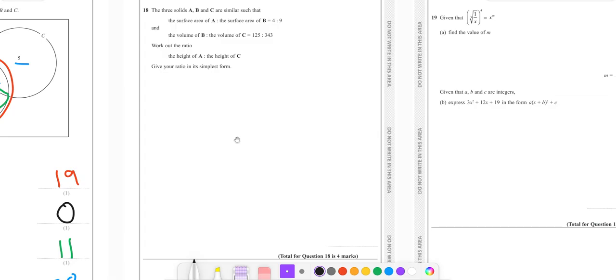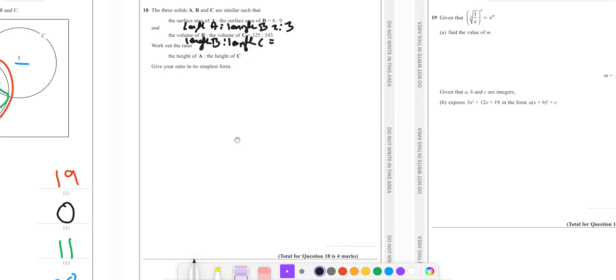So I'm already going to be thinking that the length of A to the length of B is going to be the square root of that, so that's 2 to 3. And B, the volume, so this is going to be the cube root, so the length of B to the length of C is going to be the cube root of that.